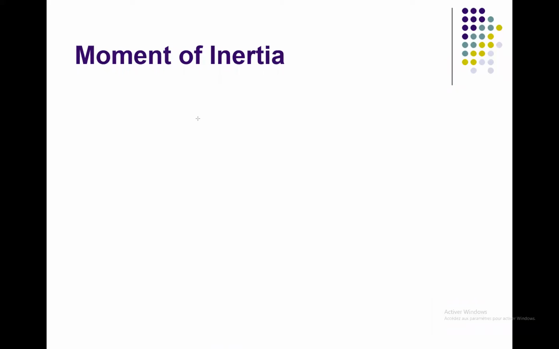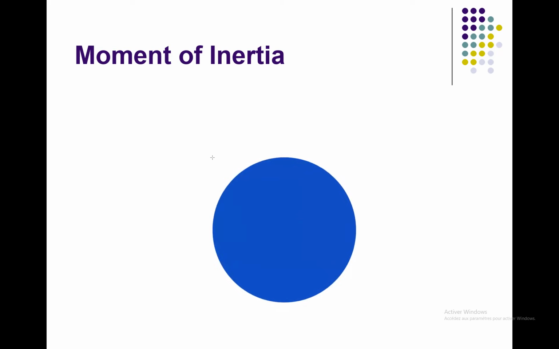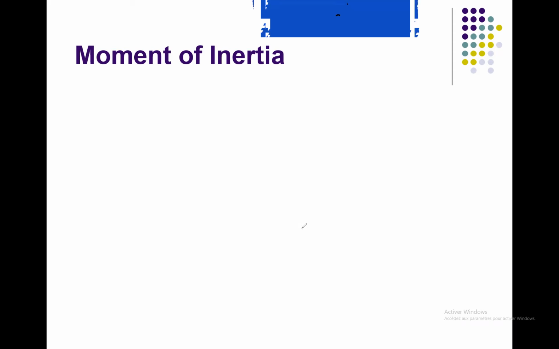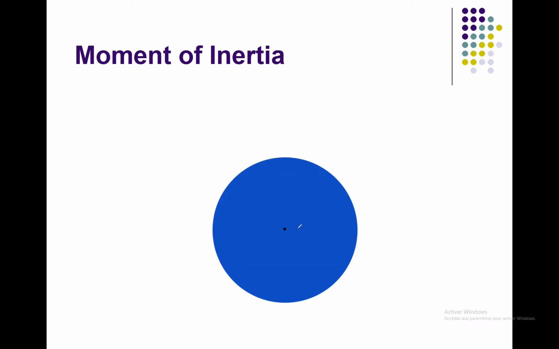We have this disk and we have the axis passing through the center. You know, here we have the center of mass. The center of mass is at this point, and I give you also the axis at the same position. So here we have a rotation.